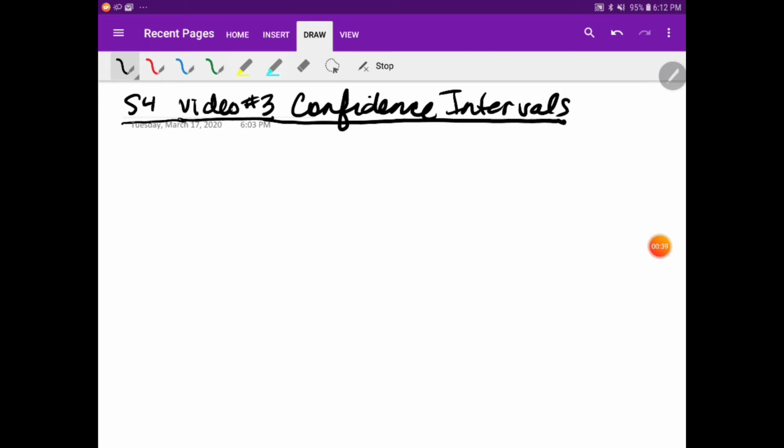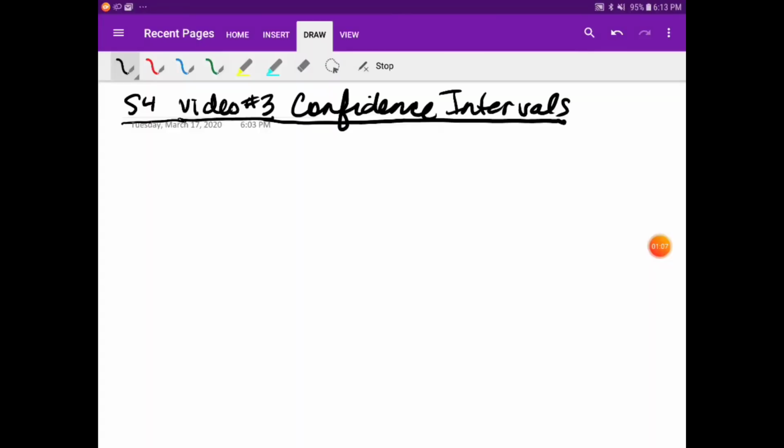So the idea of what we're doing is we're trying to find out, it's kind of cool, since you guys are at home, you can look up confidence intervals, and you could look up their overall meaning in a statistics setting. One example that I was reading about on Wikipedia is when you're doing a presidential election.